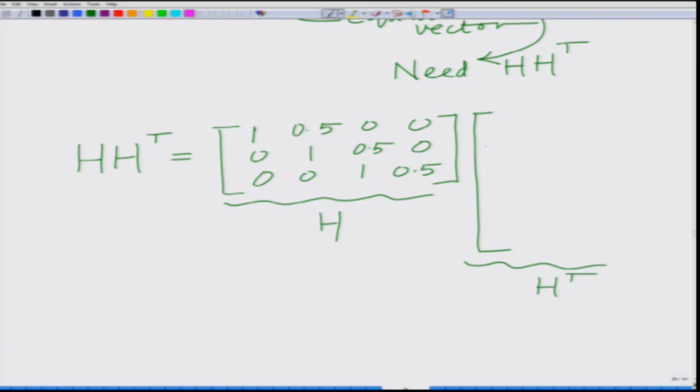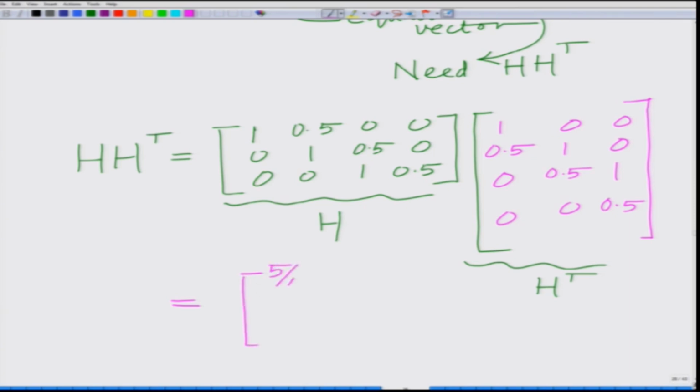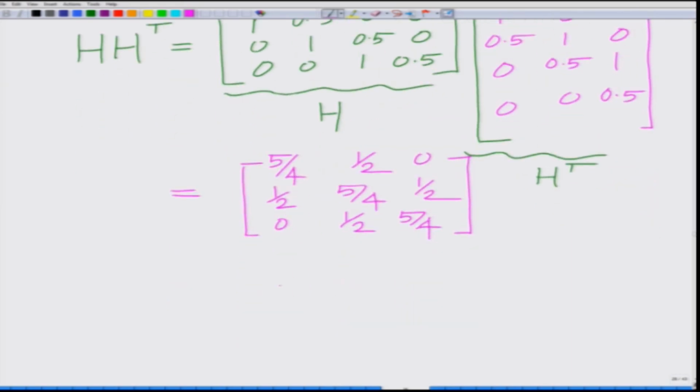H transpose is the transpose of H, which is equal to, let us write it as fractions, 5 by 4, half, 0, half, 5 by 4, half, 0, half, 5 by 4. This is your matrix H transpose.